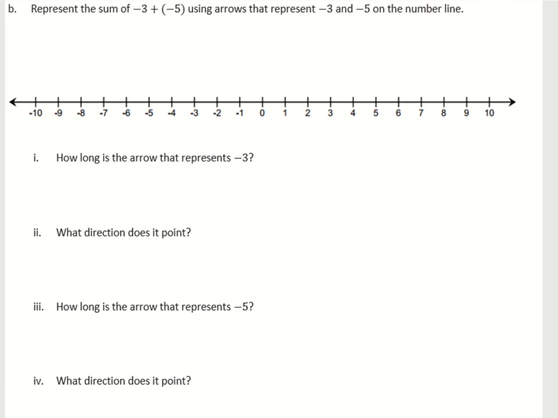It's actually going to be very similar to what we've already done. I'm going to take our first arrow. It's going to still start at 0, but we're going to go towards -3. And then I'm going to take my second arrow, and it's going to start where I had left off, and it's going to go 5 still to the left because we're dealing with another negative number.